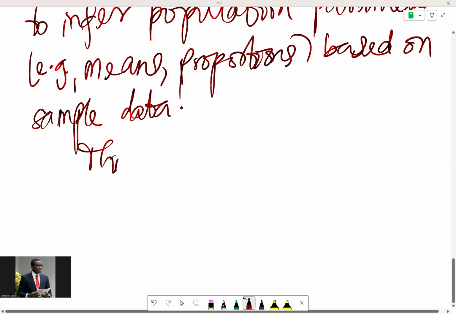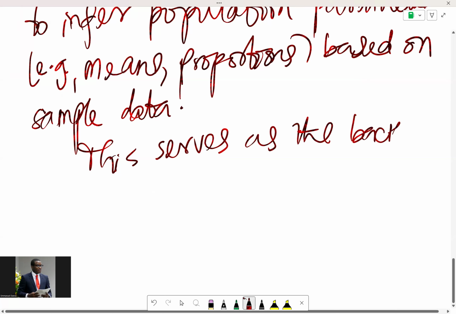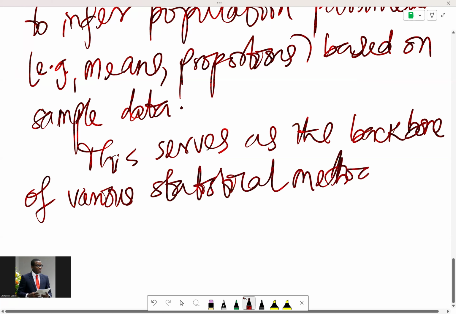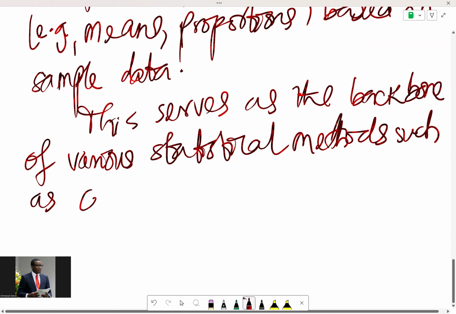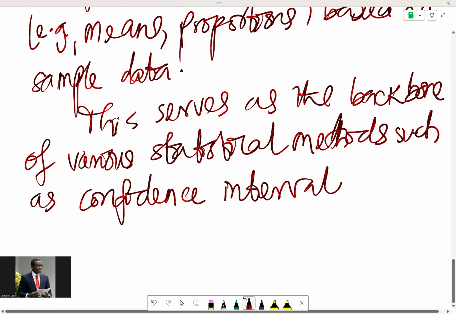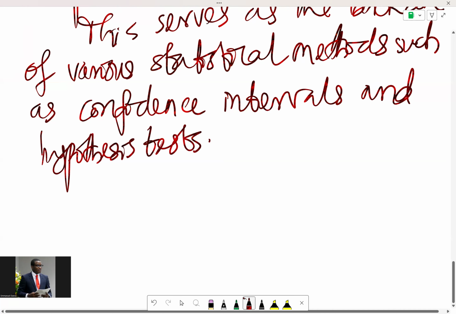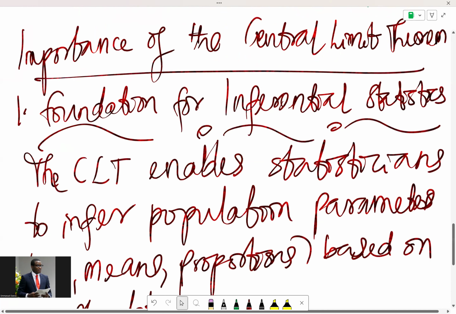This serves as the backbone of various statistical methods, such as confidence intervals and hypothesis tests. So that's one importance of the central limit theorem.